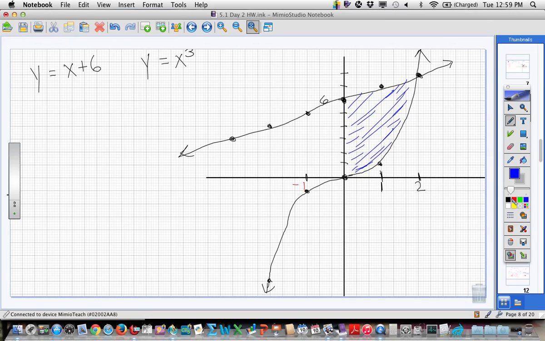Well, the only way we know to do integrals right now is to do the integral of a function. So let's do this function first, the red one. Let's do the integral of x plus 6 dx. Now, what area up here would that be? Somebody want to sketch it?